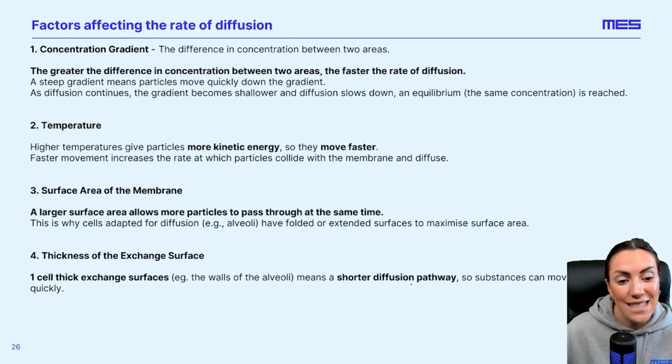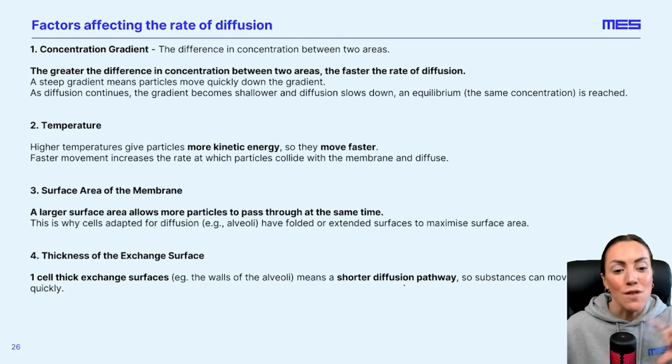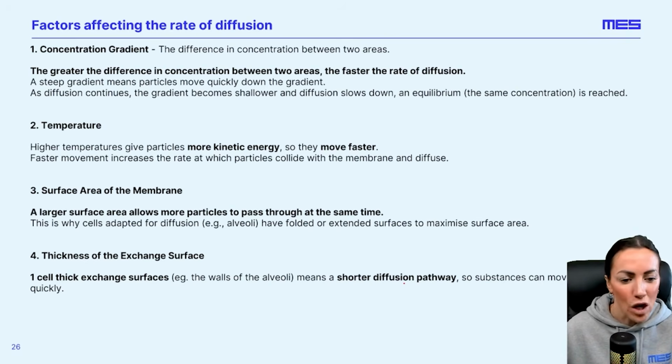So substances can move across much more quickly. They literally just don't have to go as far. So the shorter the distance, the shorter the diffusion pathway, the faster the rate of diffusion, or the faster the particles can diffuse. And we're going to look at examples of exchange surfaces where diffusion takes place.